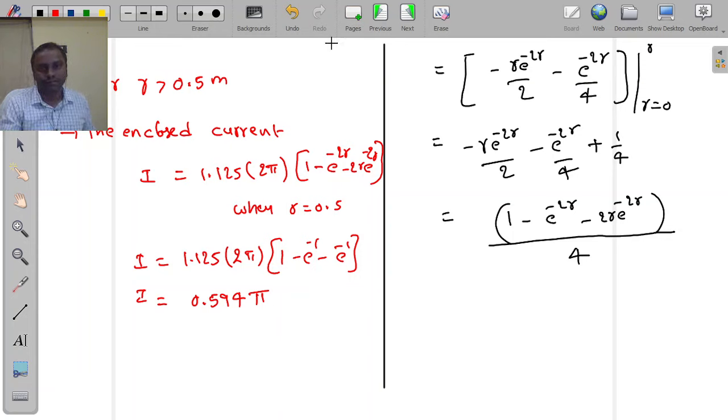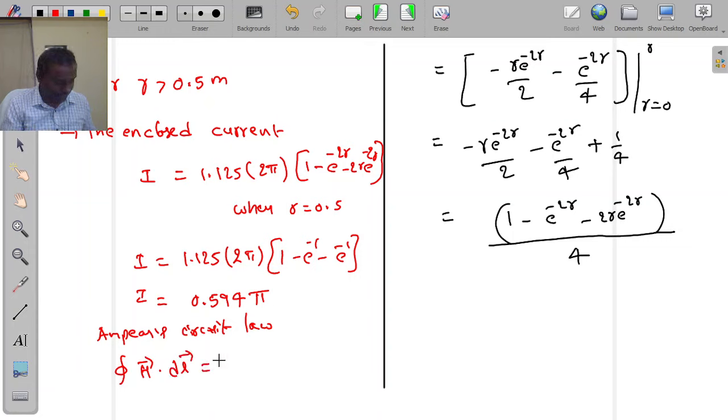Now, according to the Ampere circuit law, closed integral of h dot dl equal to the total current enclosed, j dot ds, that is nothing but the current enclosed.